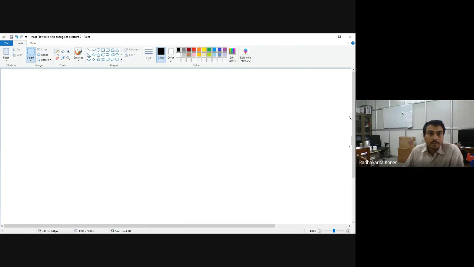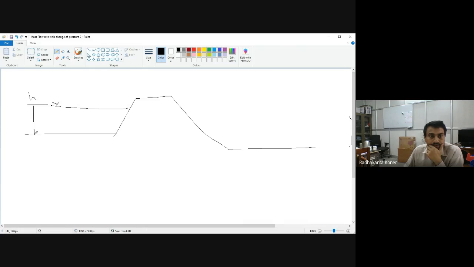Suppose this is a structure, and to observe there is a height h, and you assume any dimension.